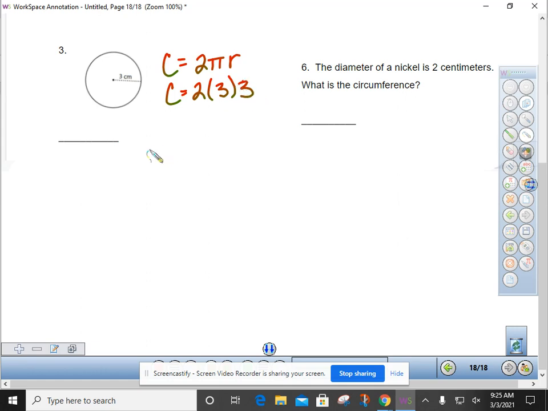If I use this one, it's gonna be C equals 3 times what? Either way, we're gonna get what? 18.